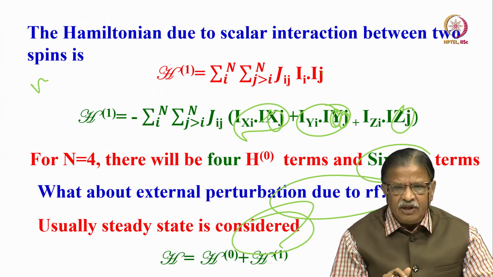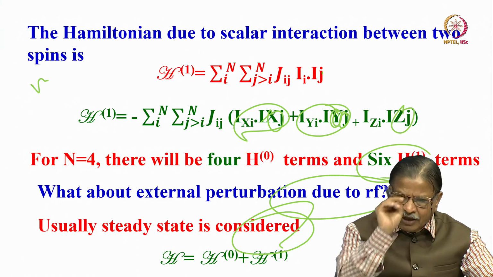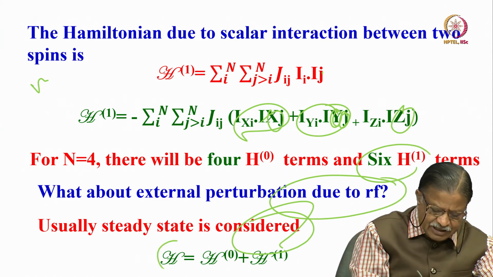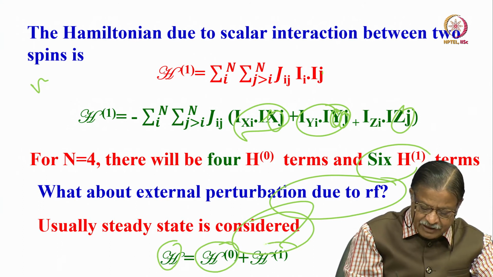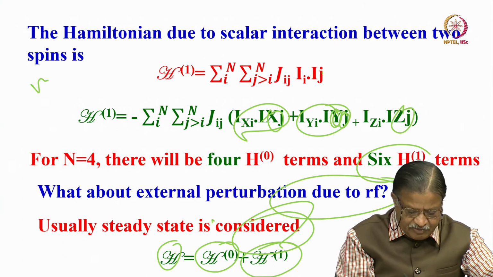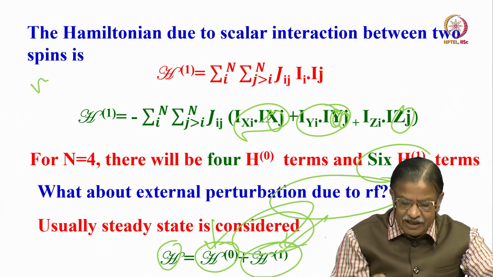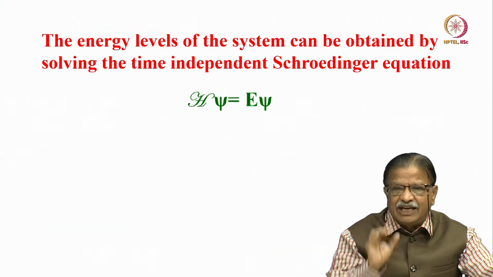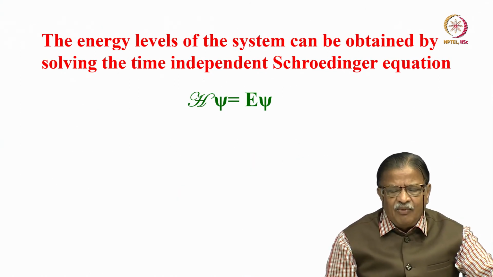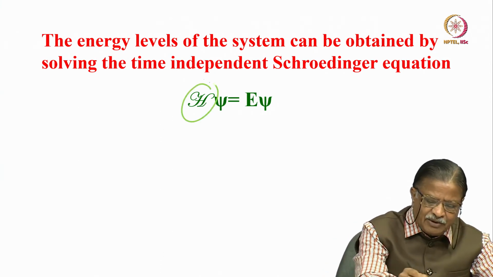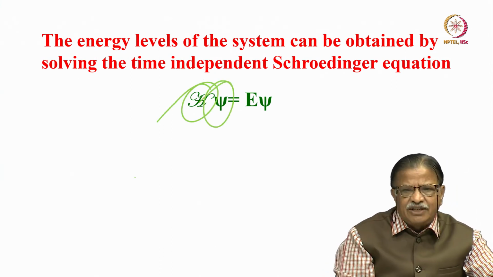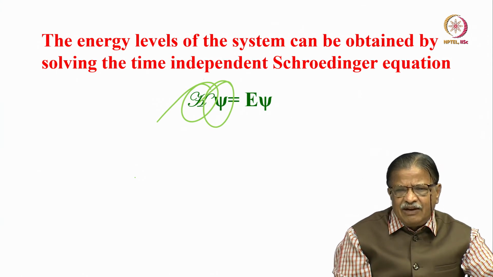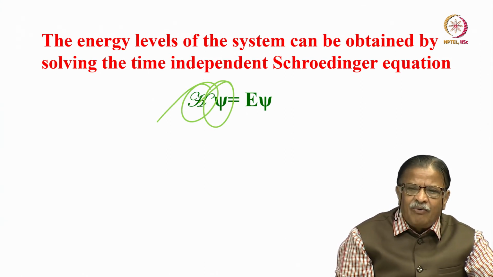So basically the total Hamiltonian can be written as H is equal to H0 plus H1. H0 is the Zeeman Hamiltonian, H1 is the scalar coupling Hamiltonian. These two can be individually considered. So what you do is you have built the Hamiltonian, you know the wave function, and now you have to compute the energy levels of the system. What will you do?